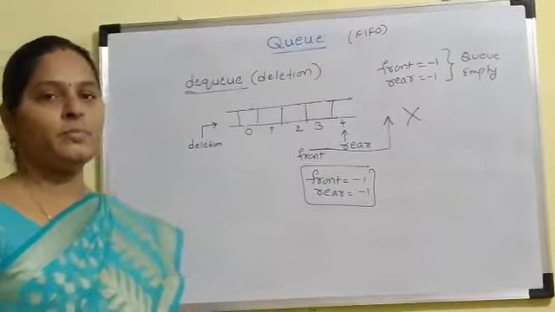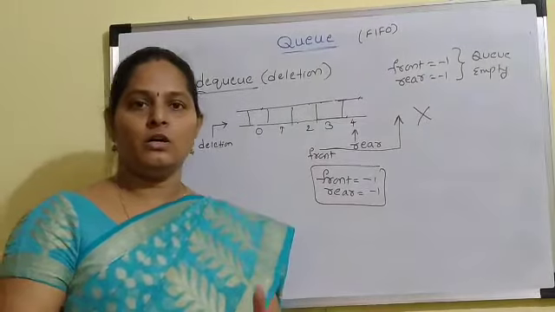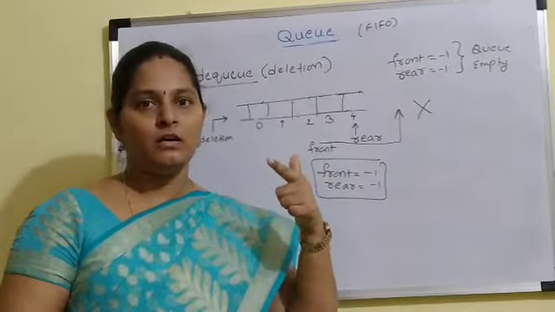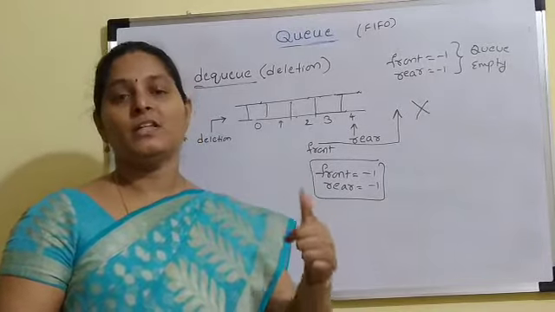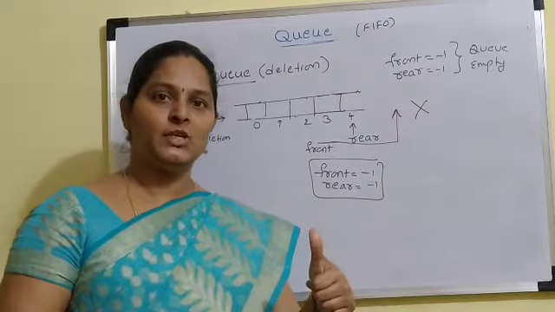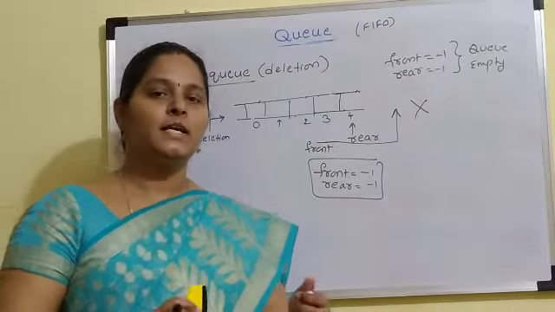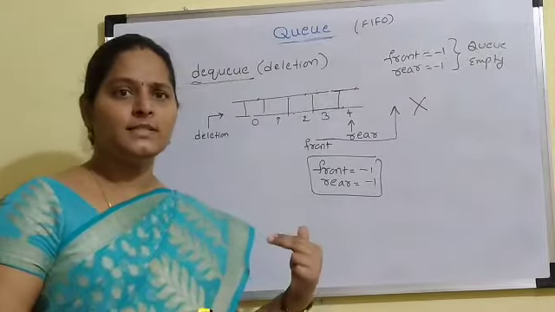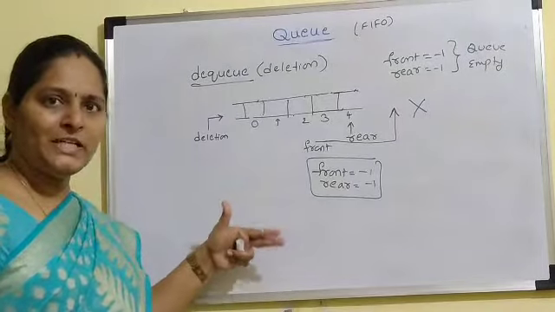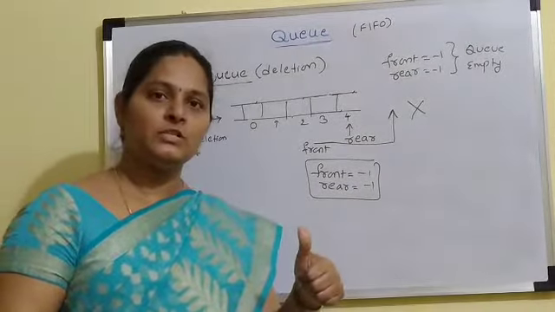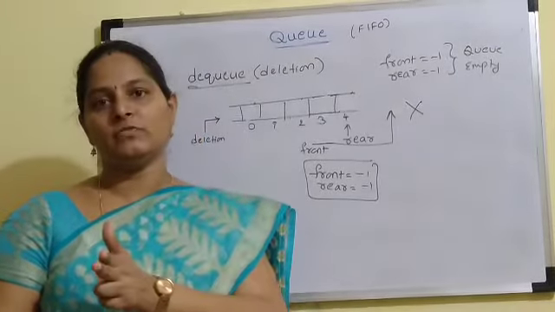Now if you see the queue operations, in a queue we can perform the insertion operation and we can remove elements from the queue. The insertion operation of the queue we call NQ, and the deletion operation of the queue is called DQ. Other than that, there are remaining common methods. The display function is used for printing all the elements of the queue.